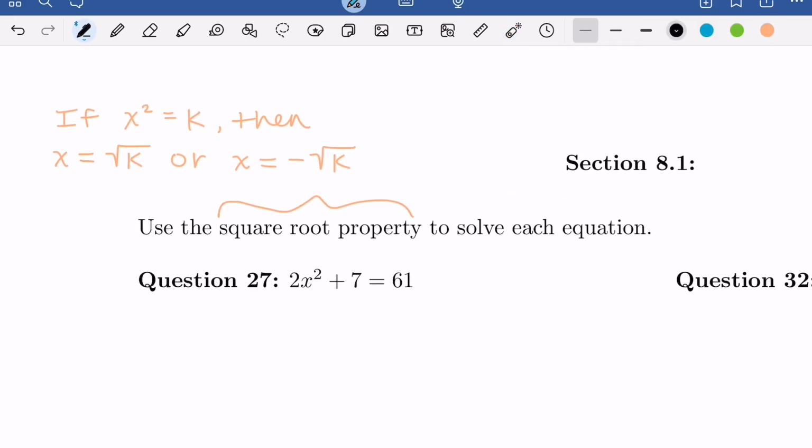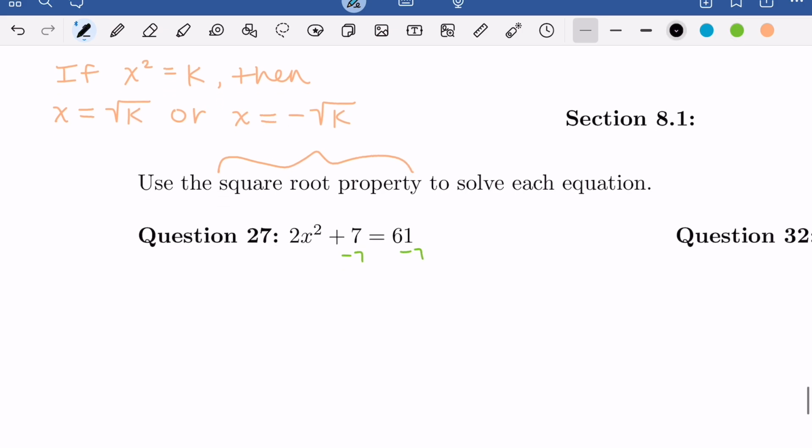In order to use this property, we're going to try to get our squared term completely isolated first. So we're going to subtract 7 on both sides of our equation. We're going to end up with 2x squared is equal to 54. The next thing we'll do is divide by 2 on both sides to get our x squared completely alone.